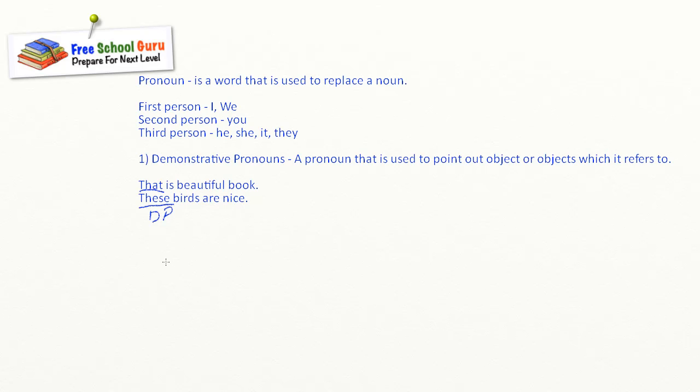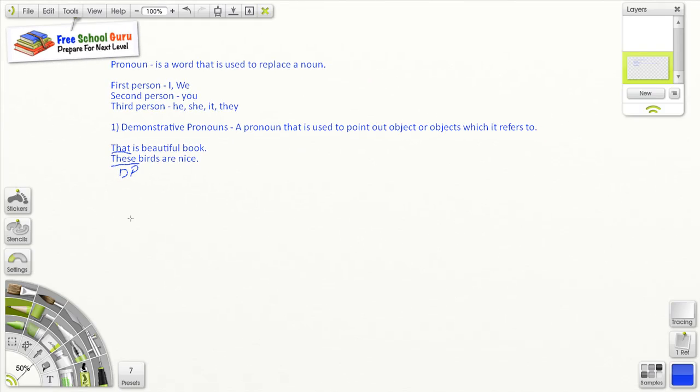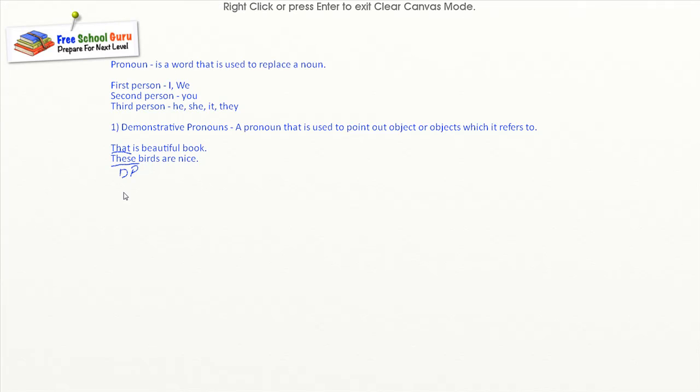Let's move on to the next type of pronoun. So the next type of pronoun is interrogative pronouns. What are interrogative pronouns?